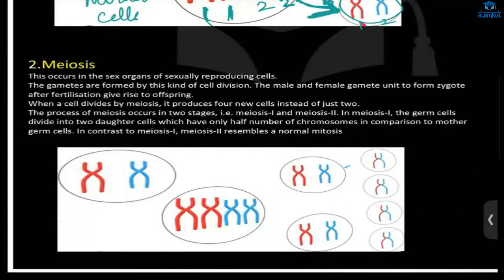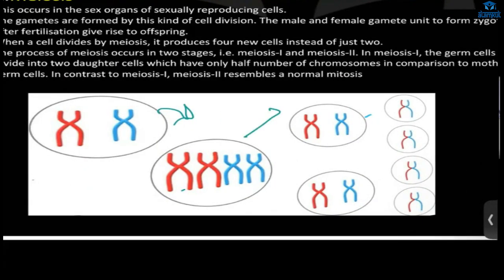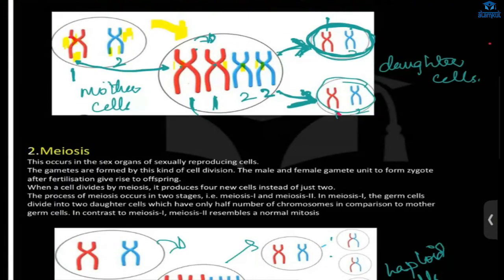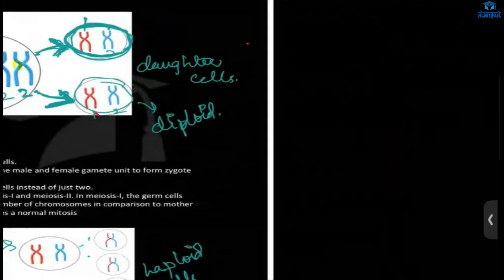Now, in meiosis, the replication step is the same. Then another division will happen, and it will form four haploid cells. Here, diploid means the chromosome set.